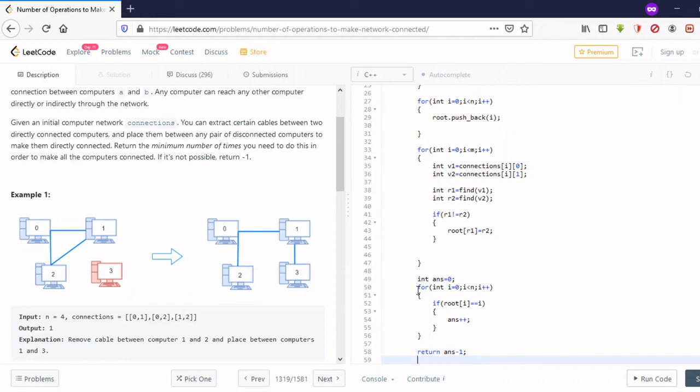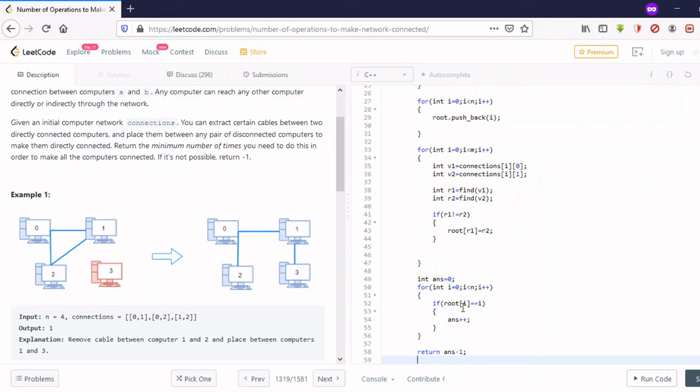Again, there is one more way by which you can find the number of connected components, and that is simply to count the number of unique root values. That means that if the number of connected components is 4, then you can traverse our root vector and count the number of unique elements.